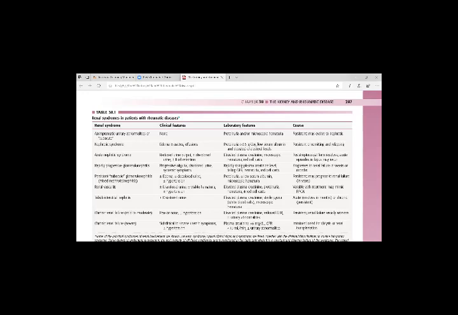Remitting means the disease has been controlled, but relapsing means the disease has flared up. There is also a remitting and relapsing phenomenon together, where the disease is controlled, then comes back again, then controlled, then comes back again. So the terms are persistent, remitting, relapsing, or remitting and relapsing together.